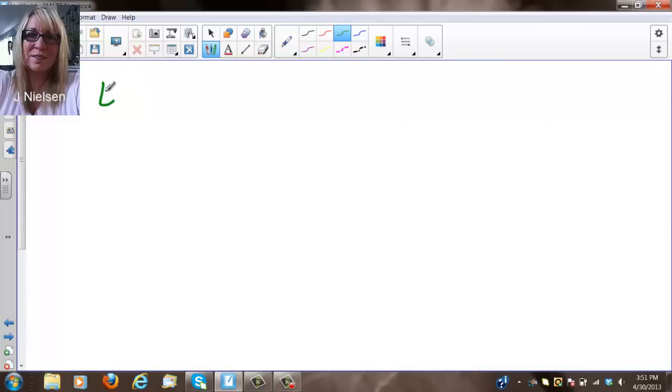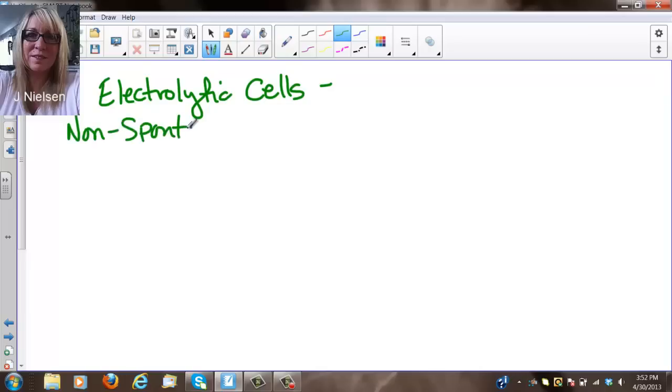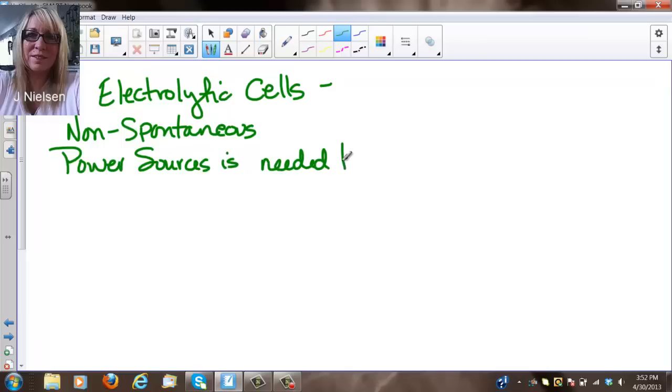Then you have electrolytic cells. So these are non-spontaneous. A power source is needed to drive a non-spontaneous reaction.